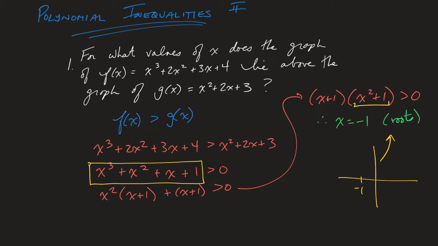The only root that it has is -1, and that root only shows up once, so I'm going to cross like normal. Maybe that's what my graph looks like. You shouldn't even be concerned if it's a really accurate sketch of that graph. Who cares? For the purpose of the inequality, we have that. And so when the question asks, when is that positive? We know that the solution is anywhere to the right of -1.